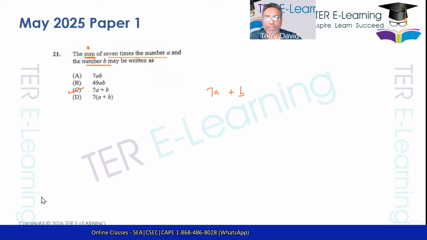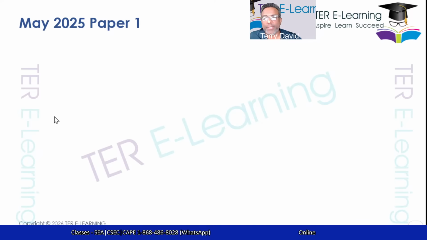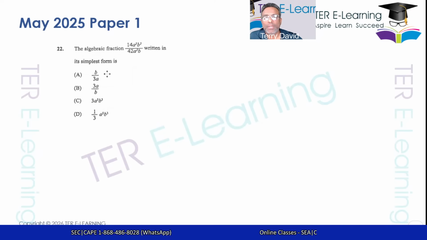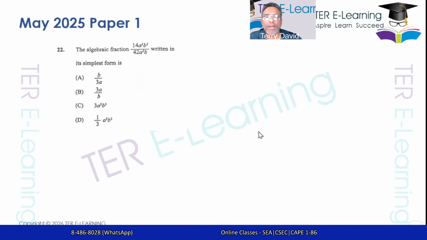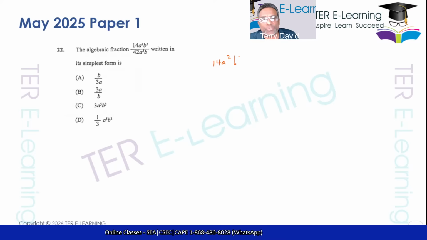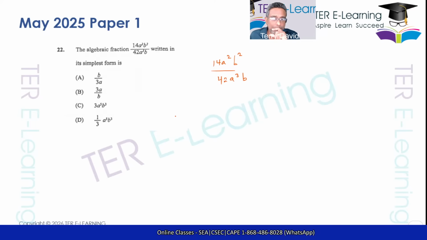Let's try the next one here. This is 22. So they gave them an algebraic fraction, right? I'm not sure if I've seen this properly here, but it's 4a squared b squared, I believe, all over 42a cubed b. I want to work this out here, right? We have 14, right?